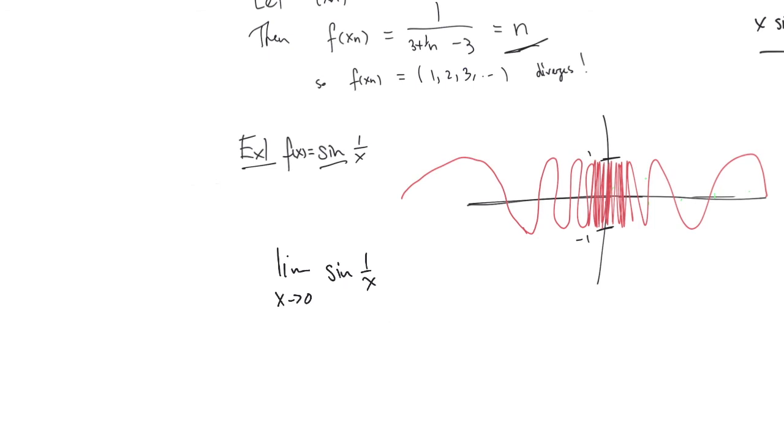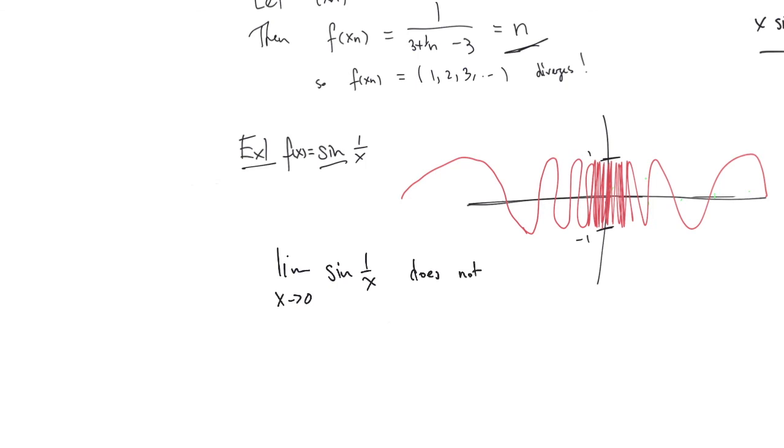But I think even a know-nothing calculus student, or even a kid like myself in high school, would be forced to decide that the limit doesn't exist, because the limit certainly isn't equal to 3 or whatever. It's not equal to 0, because this function oscillates infinitely often. So this limit does not exist.